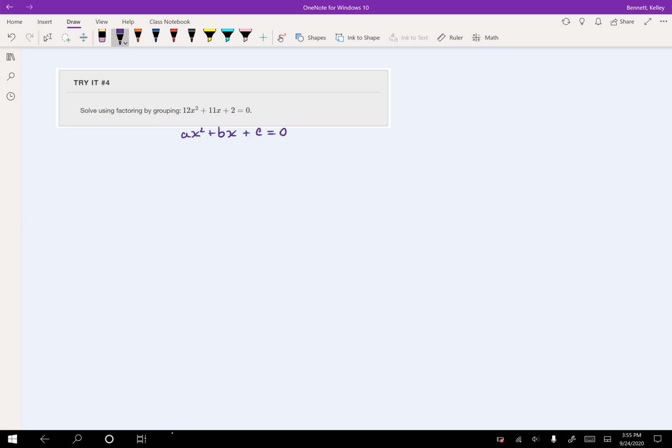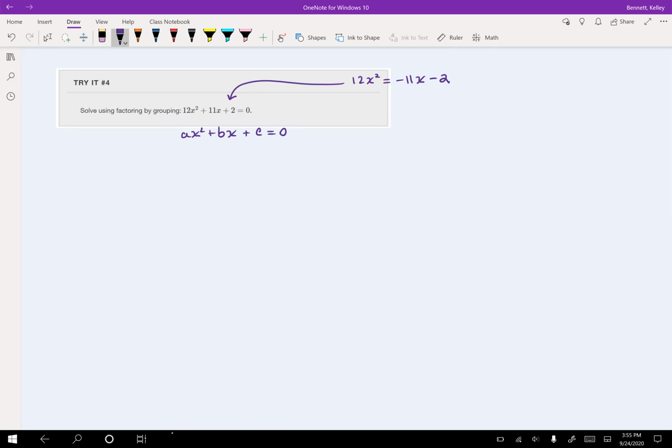What if we had been given 12x squared equals negative 11x minus 2 and been asked to solve that? That's totally fine. We would just move everything back over to one side of the equation and transform it into that. So regardless of how your quadratic is given to you, you want to transform it back into the standard form and then from there go into your AC method.